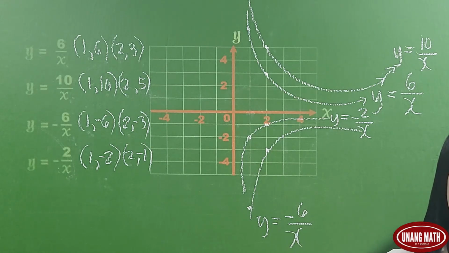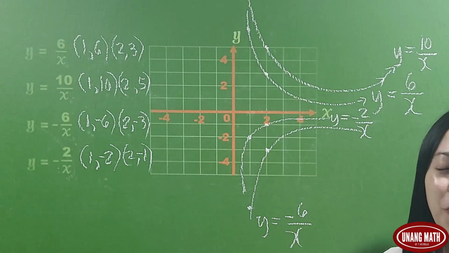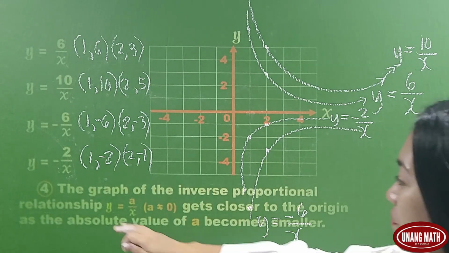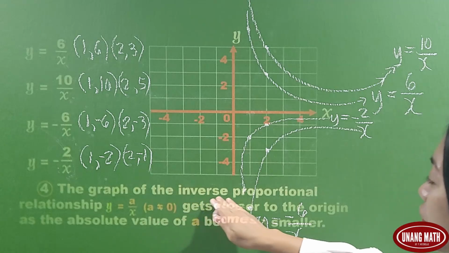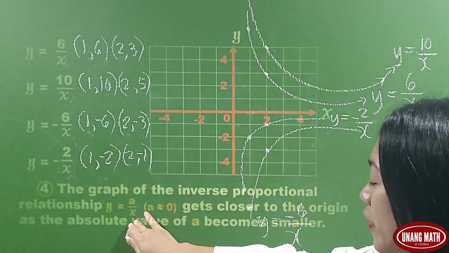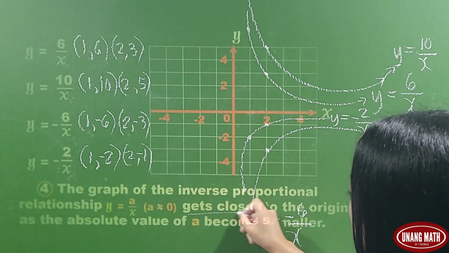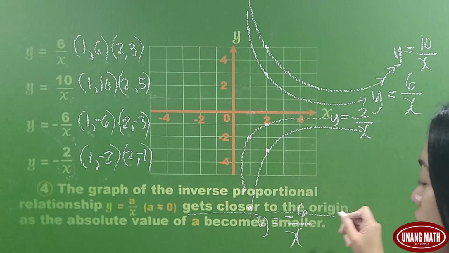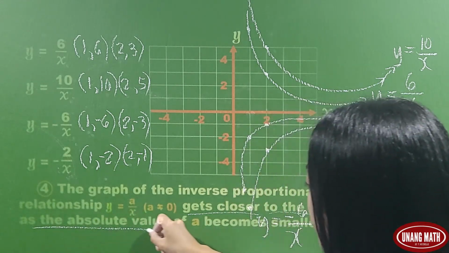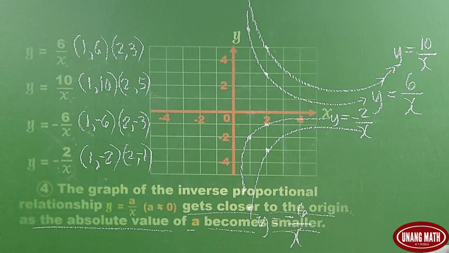So for the fourth property or characteristic of an inverse proportion equation, the graph of the inverse proportional relationship of this equation, y is equal to a over x, where a is not equal to 0, gets closer to the origin as the absolute value of a becomes smaller.